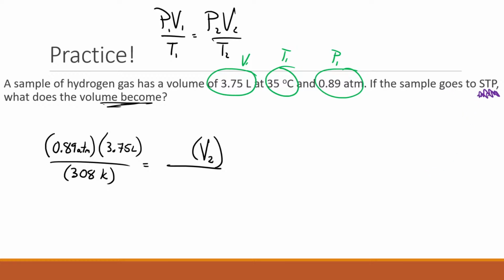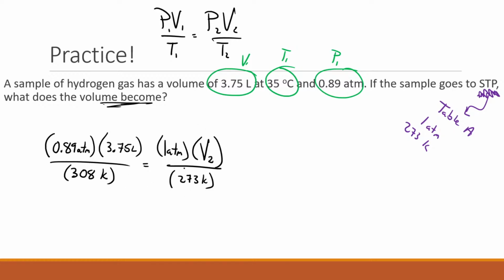And we know that STP is a set of values that we can find on table A. We know that that's 1 atmosphere and 273 Kelvin. And so we can take those and plug them in here, and that's our second trick. We don't get stuck here because we know that table A is going to give us these values. Now, bam, we've got 5 of our 6 things plugged in, and we've got 1 that we're going to solve for.